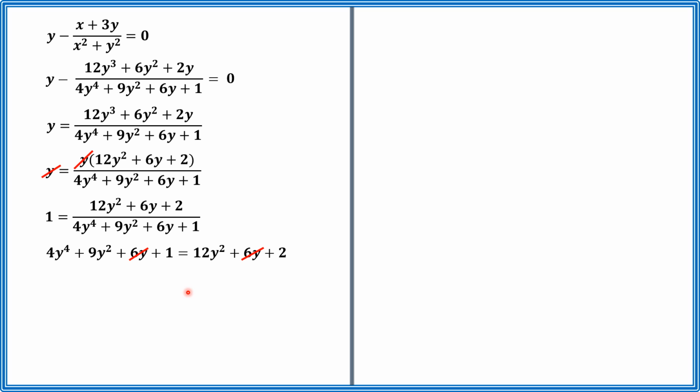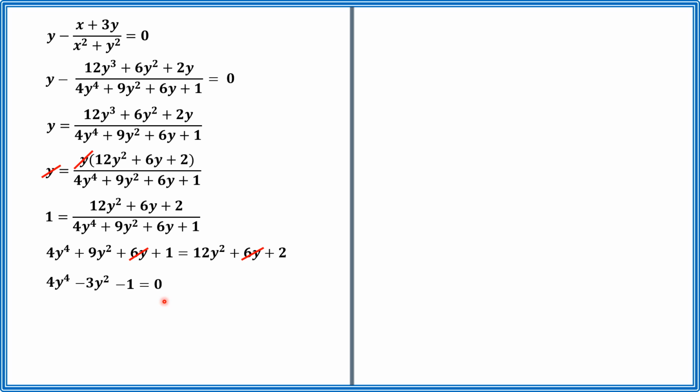6y on both sides will be cancelled out, and from here we can see that 4y to the power 4, 9y square, and here 12y square, this will become minus, so this will become minus 3y square. This is plus 1, and when 2 shifts to the left, it will become minus 2, so it will become minus 1, equal to 0.